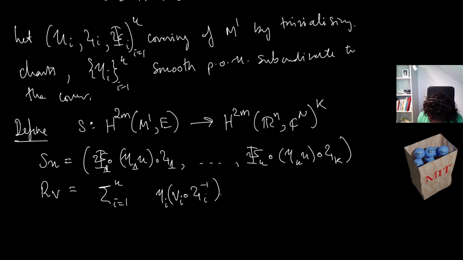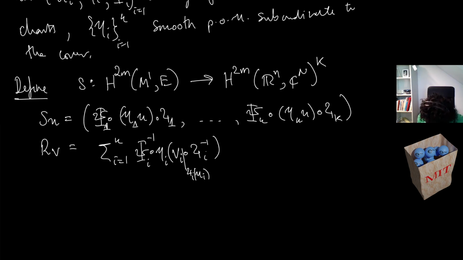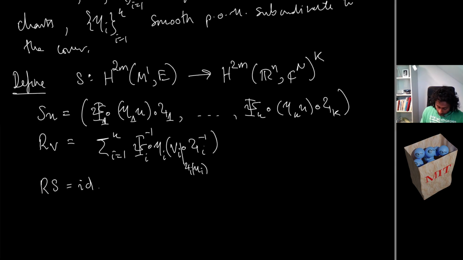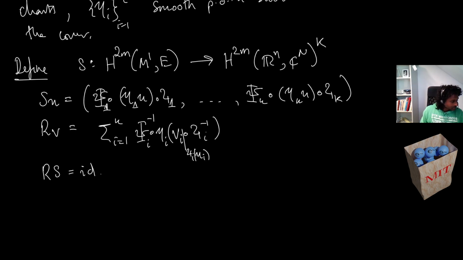Yes, so this is really restricted to U_i. So this is v_i restricted to psi_i(U_i), and then composed with psi_i inverse. I think it's pretty easy to see that if you compose R with S, this is going to give you the identity. If that's not the case, then modify R so it does.